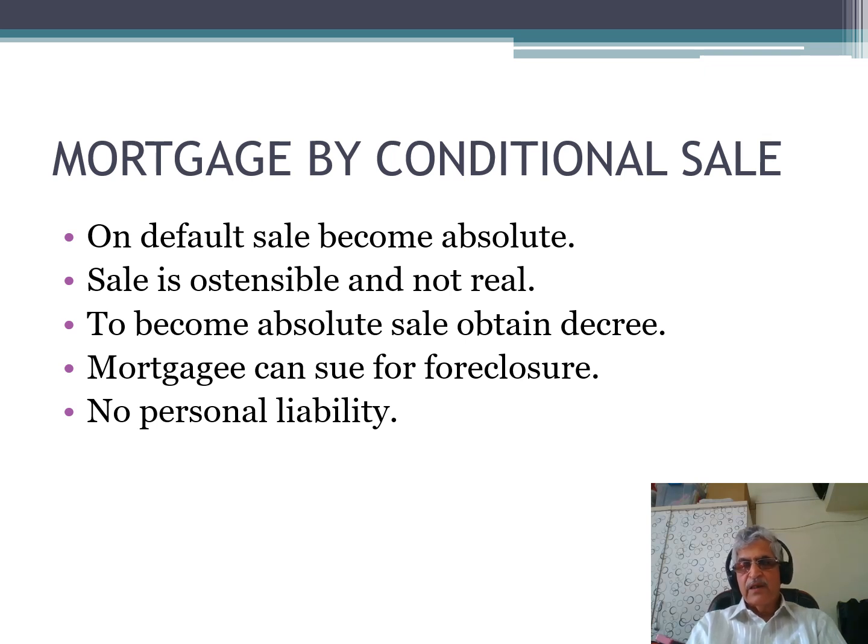the mortgagee has to apply to the court. Though the property has been transferred in his name by this deed of execution, to make it absolute, he has to approach the court for a decree, and the mortgagee can file for foreclosure for whatever balance amount remains due to the non-repayment.